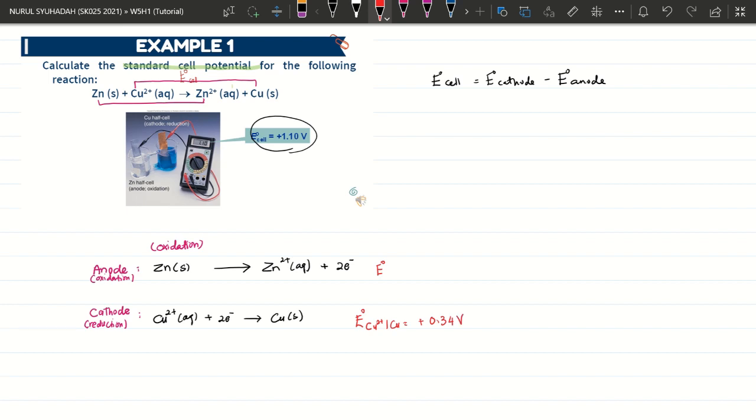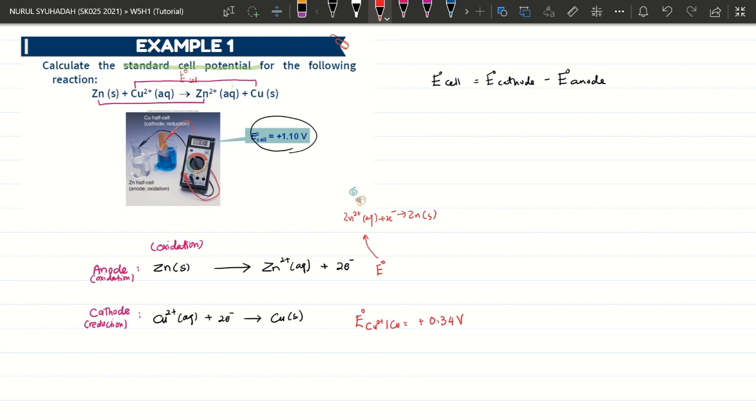0.34 volt. Then for the anode, for the zinc, the process that you write down is an oxidation process, but the E0 half cell value must be a standard reduction value. So from the SRP table, the equation you need to find is Zn2+ (aqueous) plus 2 electrons to produce Zn (solid).